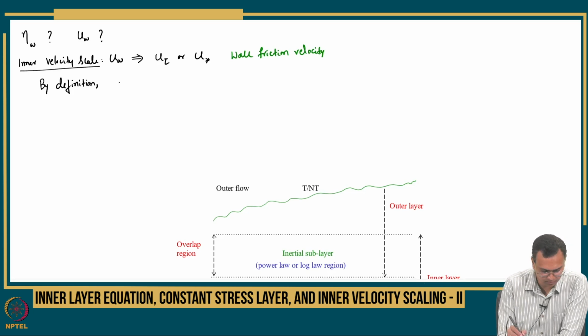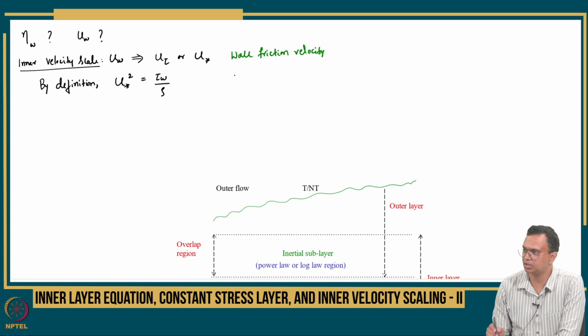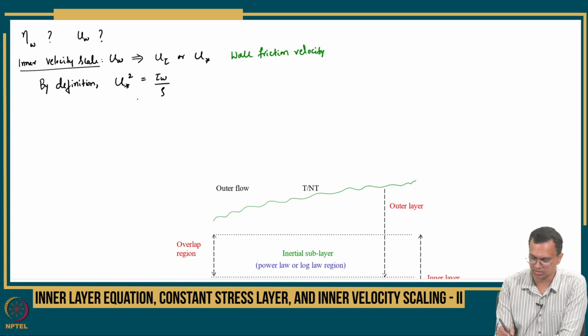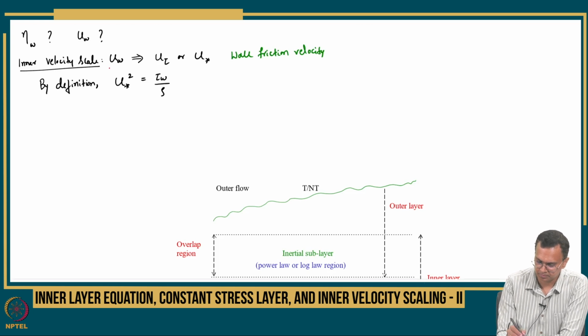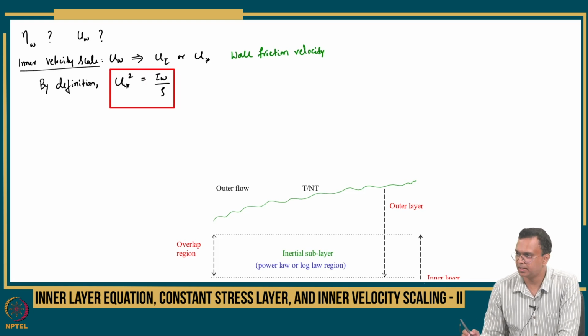this u tau, or you can say u star square, is nothing but your tau w by rho, which is of course equal to the sum of your turbulent shear stress and the viscous shear stress here. So u star square by definition is tau w by rho.